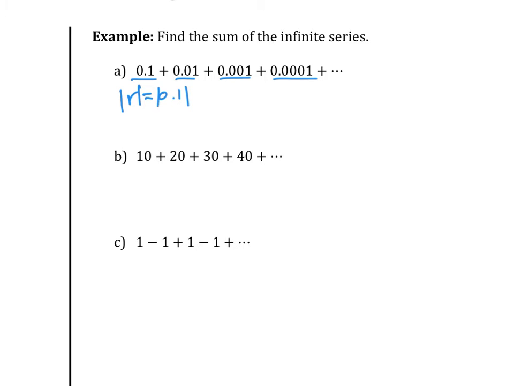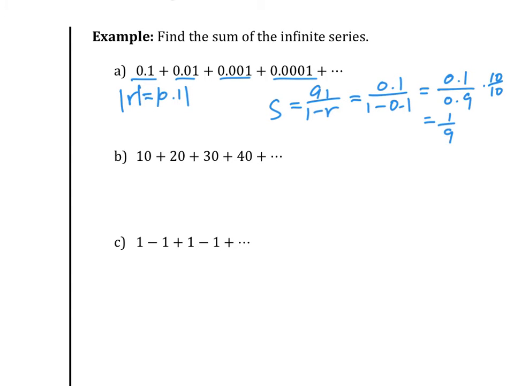So this is going to converge. If it converges, then we use the infinite sum. And how do you know it's infinite? Dot, dot, dot. That means it keeps going. So a1 over 1 minus r is the formula. So the first number is 0.1. 1 minus r, r is 0.1, so this is 0.1 over 0.9, which you can multiply by 10 over 10, so you get 1 over 9.